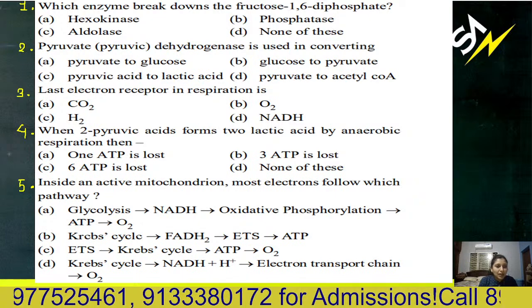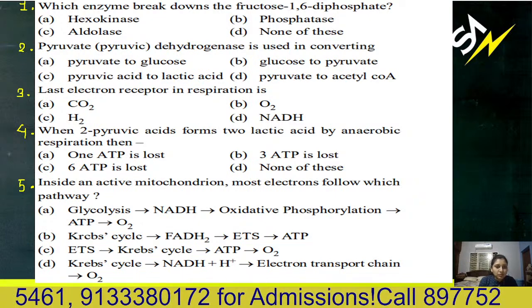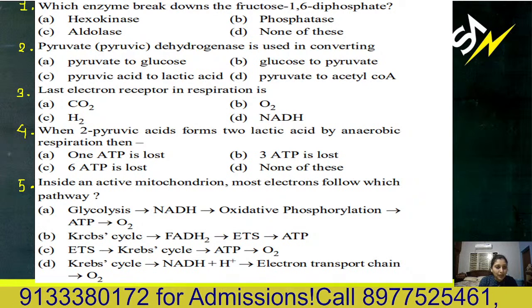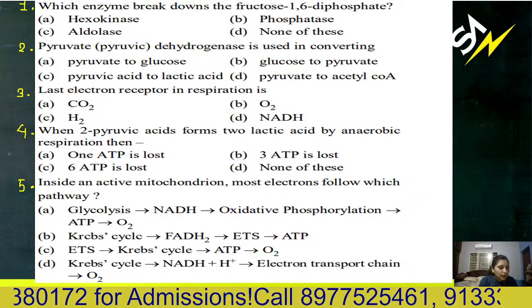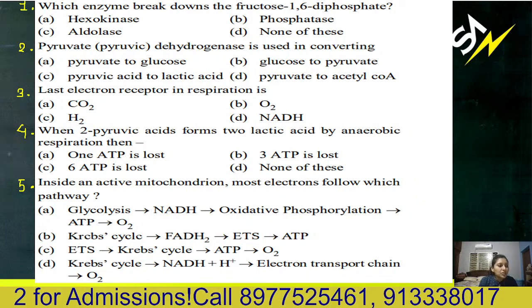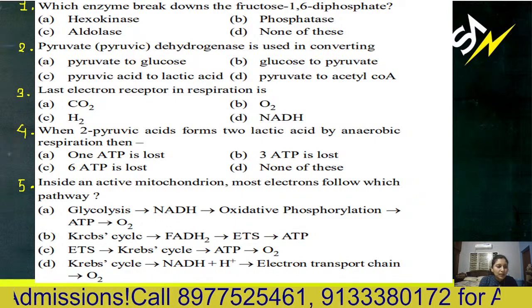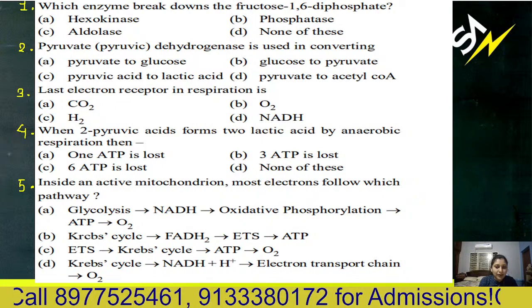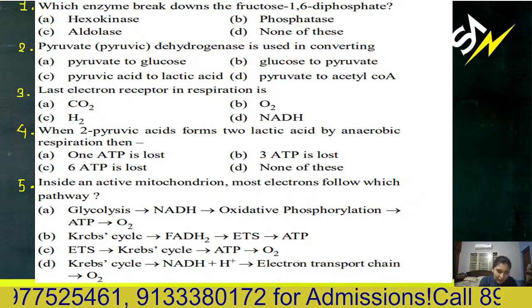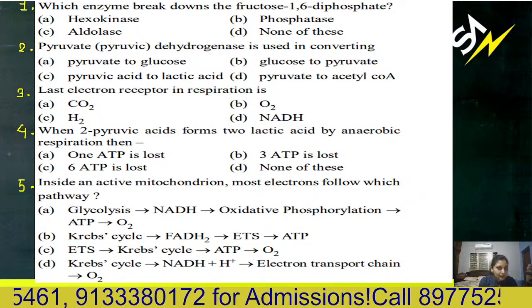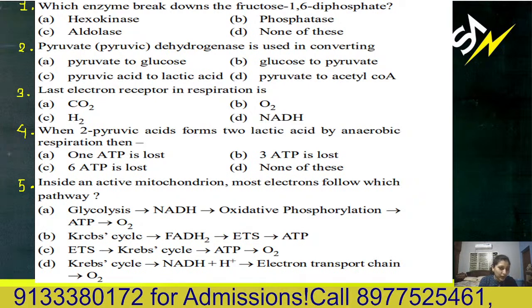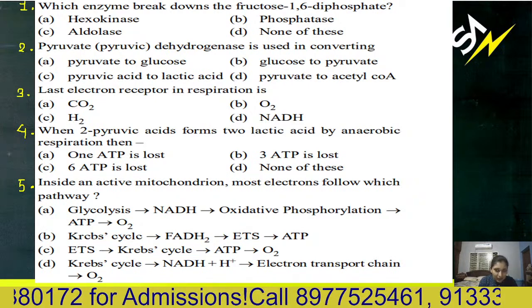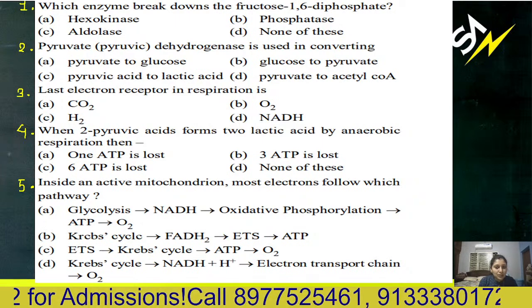Third question: the last electron acceptor in respiration is what? The terminal electron acceptor. Fourth question: when 2 pyruvic acid forms 2 lactic acid by anaerobic respiration, it results in 1 ATP lost, 6 ATP lost, 3 ATP lost, or none of these.